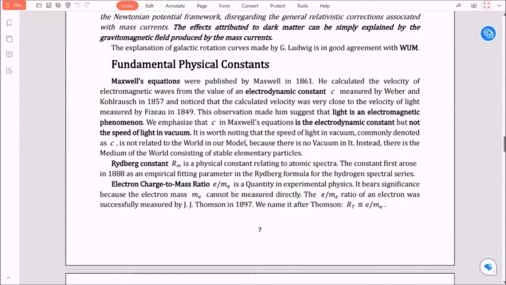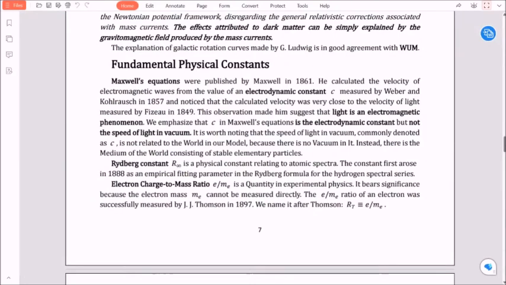Rydberg constant R infinity is a physical constant relating to atomic spectra. The constant arose in 1888 as an empirical fitting parameter in the Rydberg formula for the hydrogen spectral series. Electron charge to mass ratio e/me is a quantity in experimental physics.